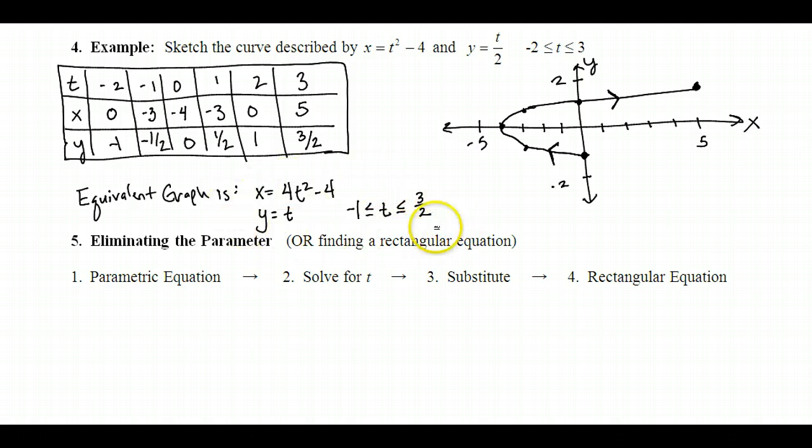So if you graph this on your calculator, you would have the exact same curve as what we have here. And you could take out your calculators right now. You can pause this and take out your calculators and graph this and see that it's the exact same.